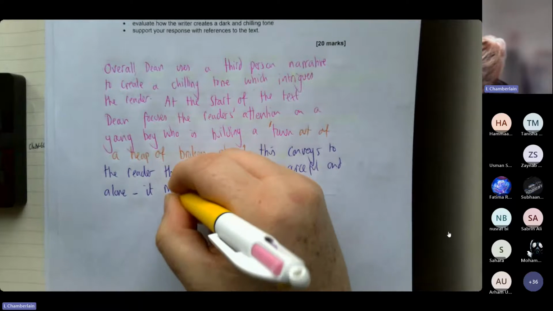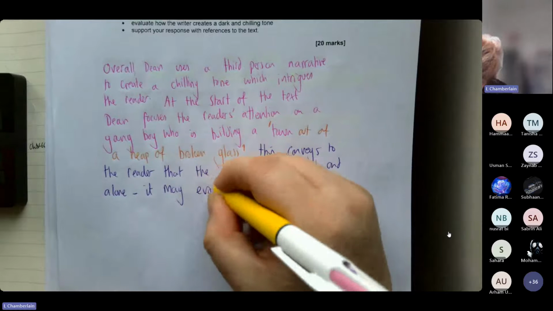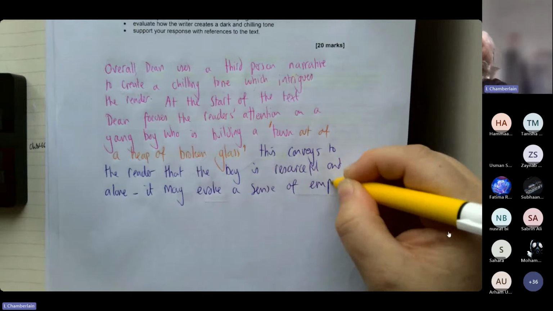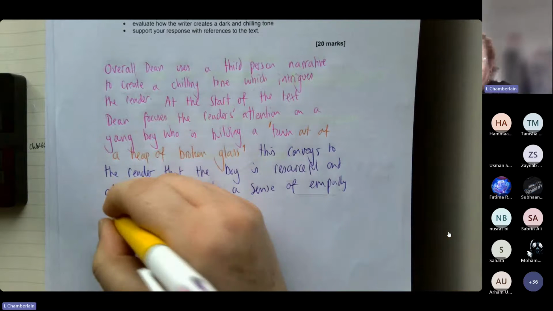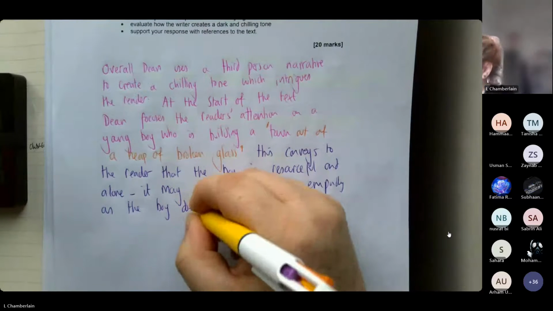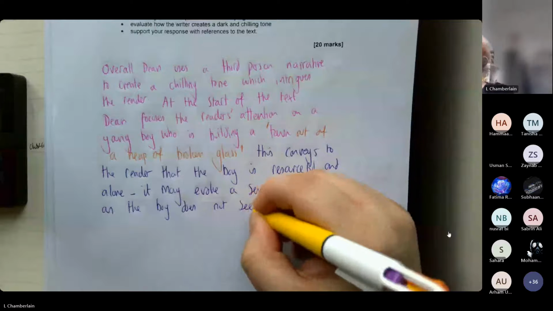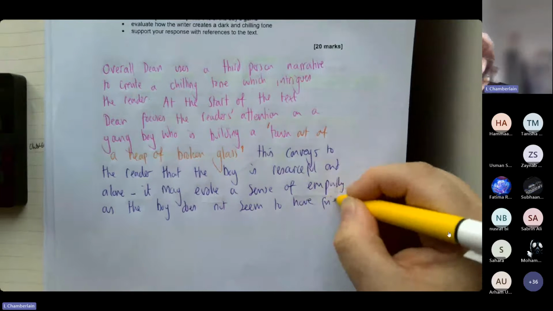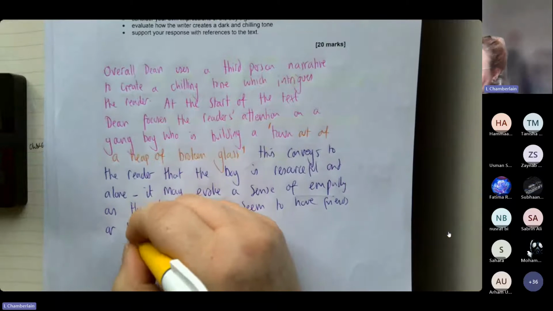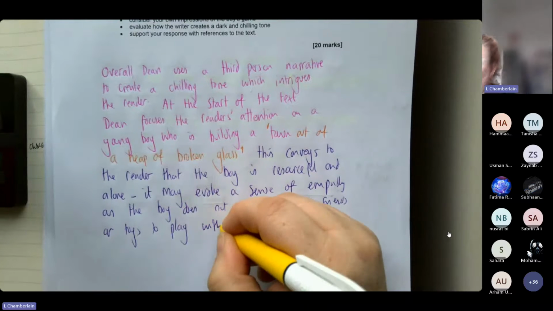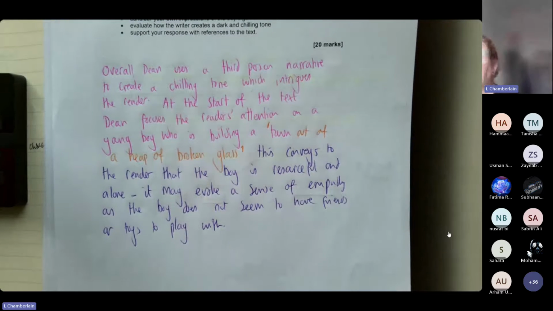It may evoke a sense of empathy as the boy does not seem to have friends or toys to play with. So again, what we're doing is offering that analysis based on the information in front of us.